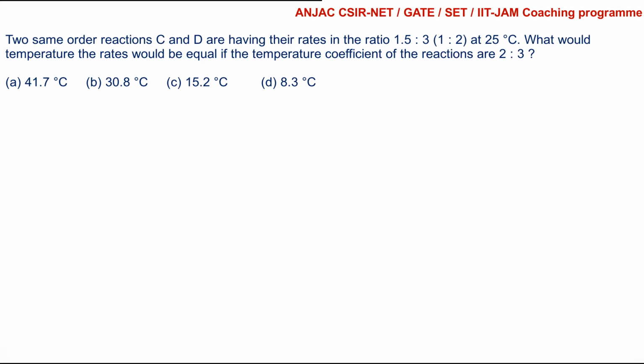Or in order to avoid the fraction, you may keep it as 3:6. So divide it by 1.5. It may be converted into 1:2 in order to avoid the ratio 1.5. At 25 degrees centigrade.